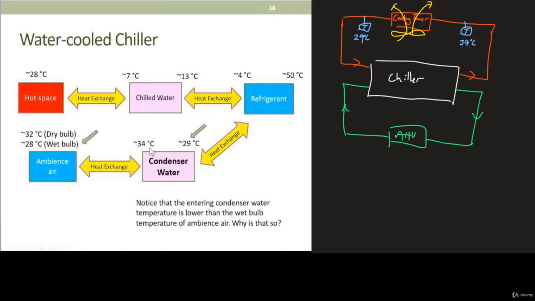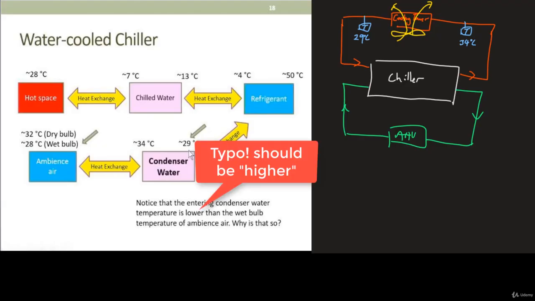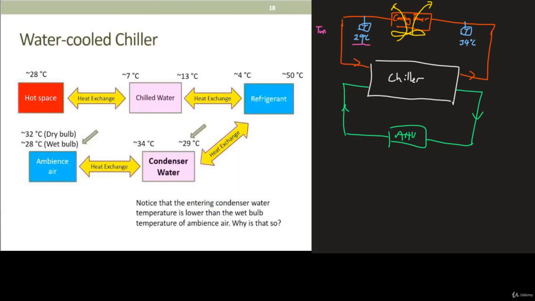Notice that the entering condenser water, which is the water that leaves the cooling tower, will be near the wet bulb temperature of the outdoor air, but it can never be lower than the wet bulb temperature. So let's say the ambient wet bulb temperature is around 28 degrees Celsius.